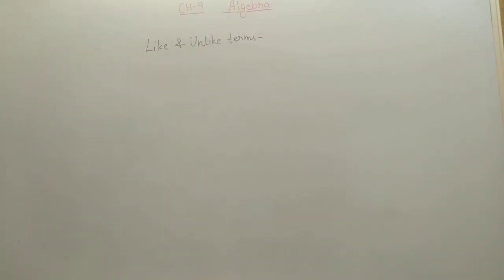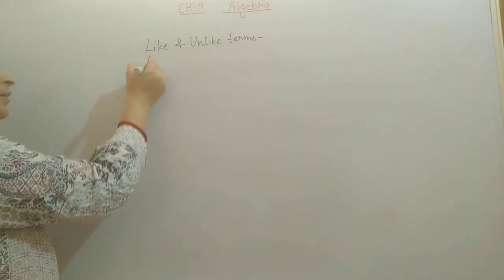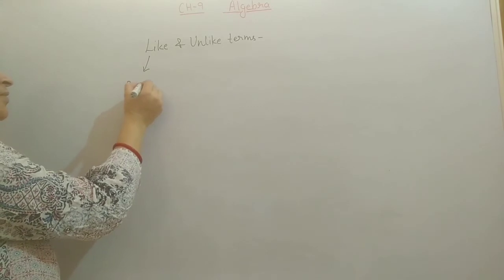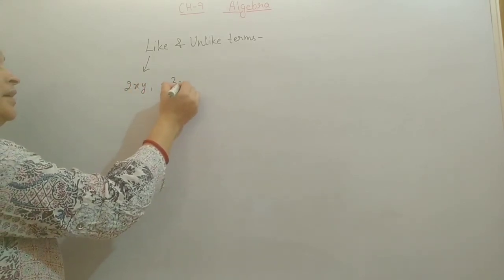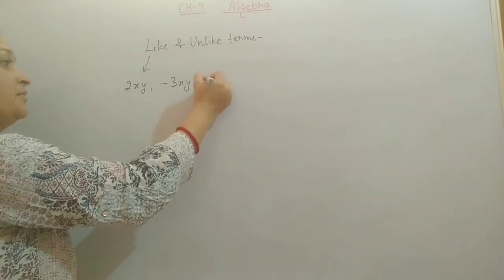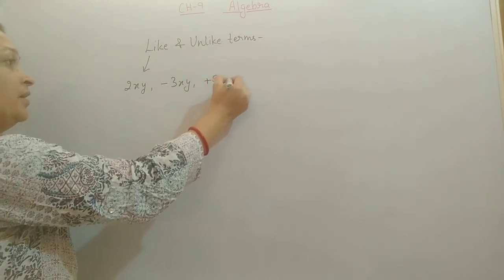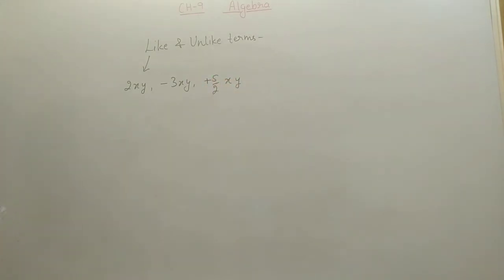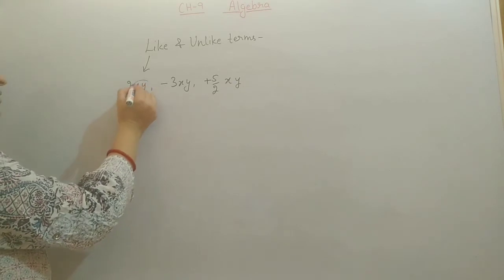Next we have like and unlike terms. Like term means having same literal coefficient. For example, 2xy minus 3xy plus 5 by 2xy. So for like term we have to see only the literal coefficient, means this variable part.